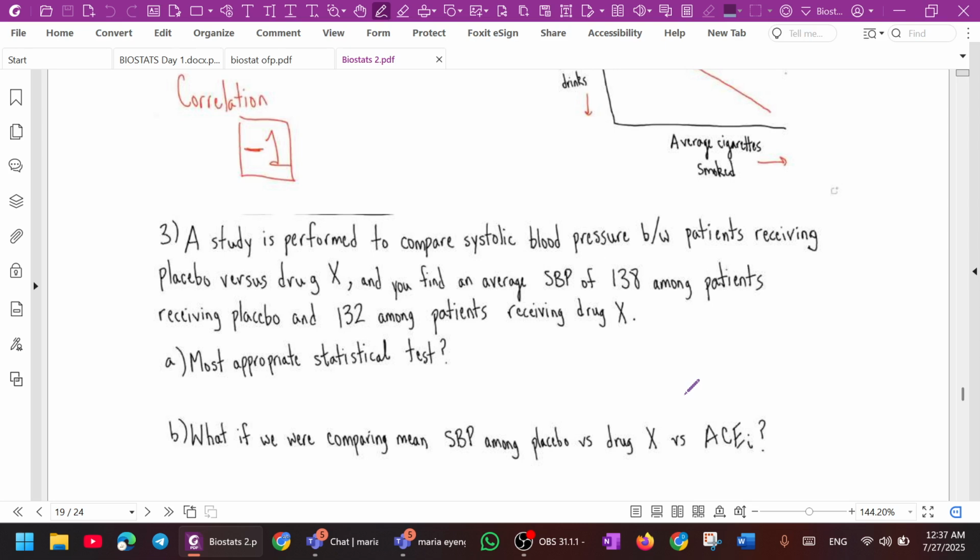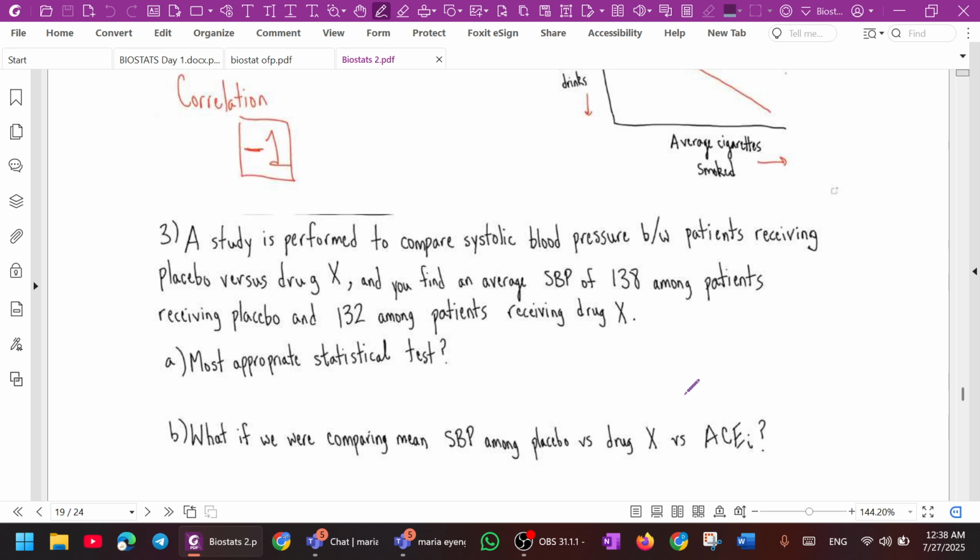We are comparing the systolic blood pressure between the drug and the placebo. That means between two means, the drug and the placebo.